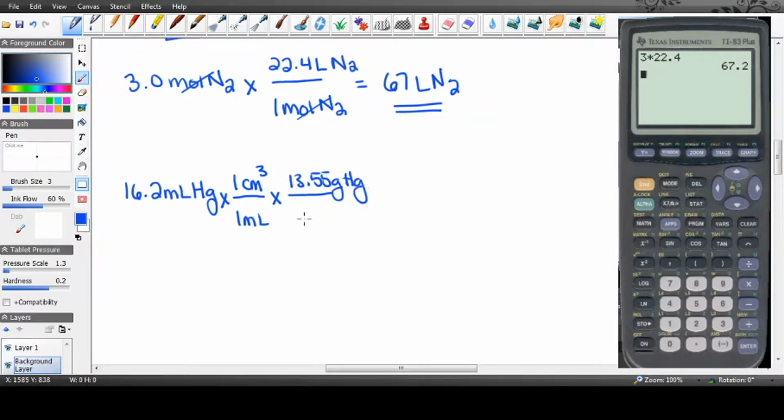This is a very dense liquid for every 1 centimeter cubed. Now I can use the molar mass of mercury to go from mass of mercury into moles. 1 mole of mercury has a molar mass of, oh shoot, gotta go look at my periodic table.